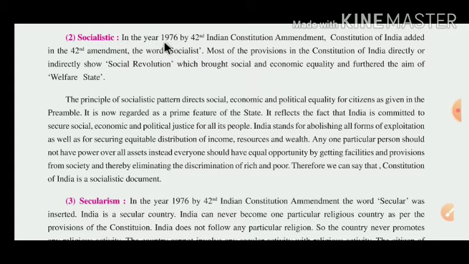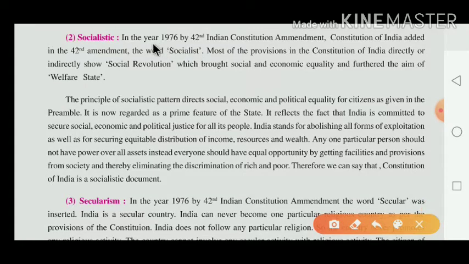In the year 1976, by the 42nd Indian Constitution Amendment, the Constitution of India added the word socialist. The word is known as socialist, and you know very well that socialist means samajwadi.